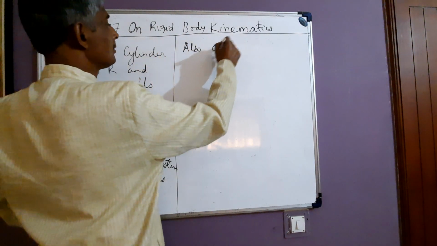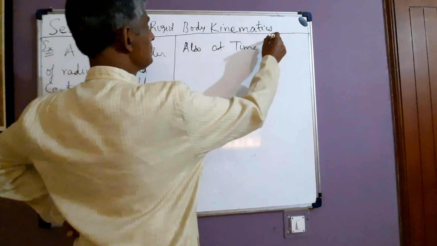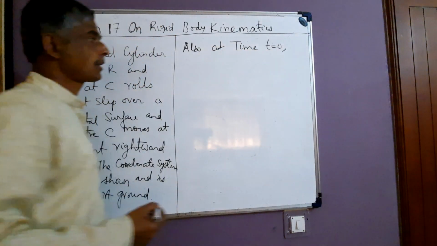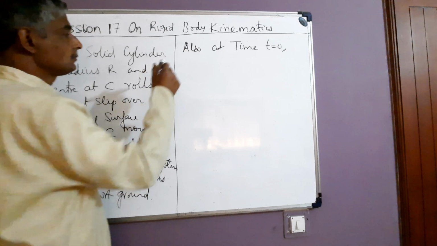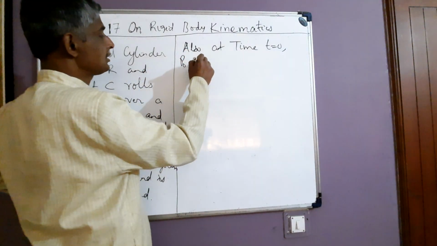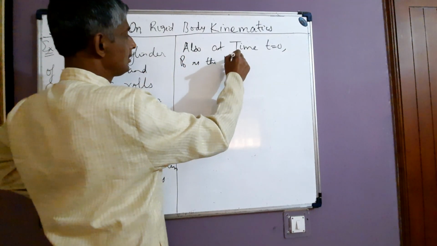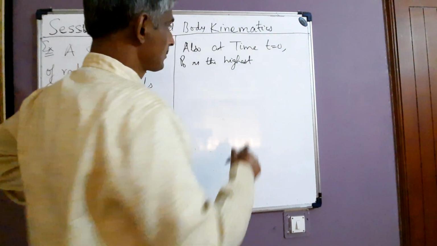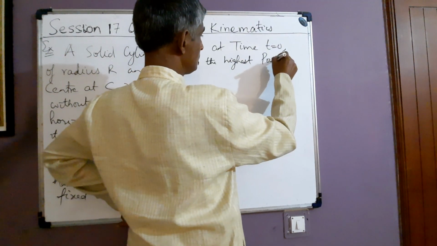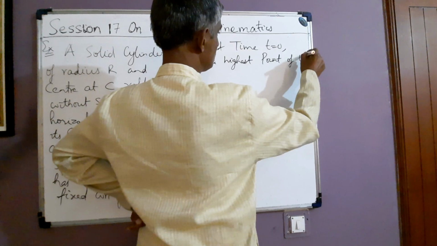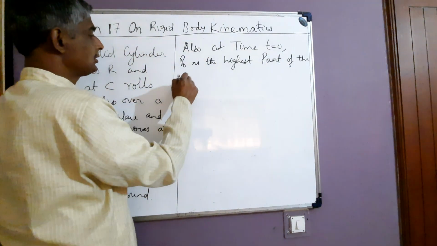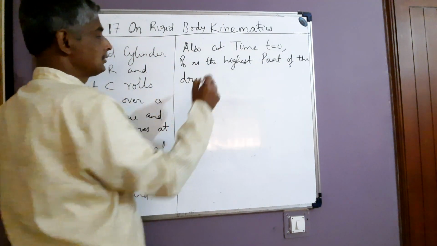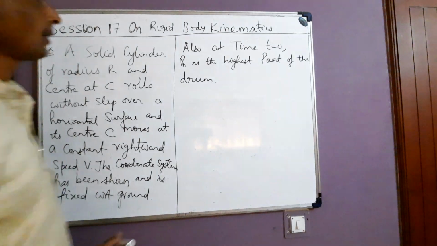Also, at time t equal to 0, P naught is the highest point of the drum, as shown.